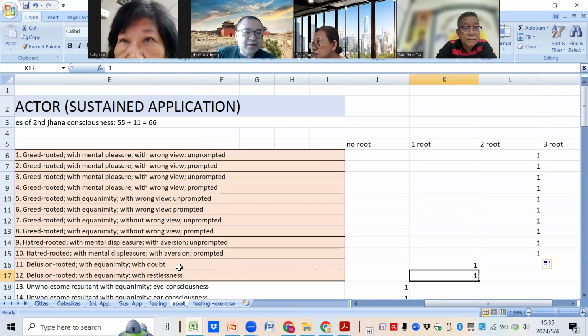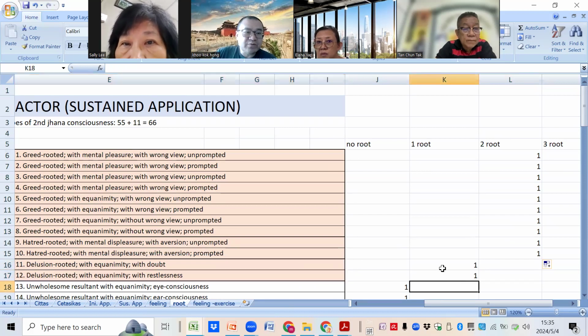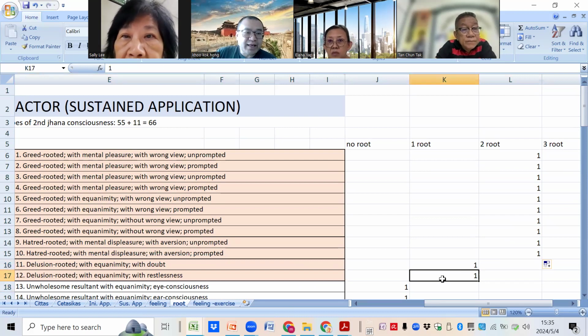Yes, they are unwholesome. But you exclude 11 and 12 because delusion rooted with equanimity. Again, you see number 5, 6, 7, 8 are also unwholesome, but also with equanimity. So are they? No. Now the problem is not the equanimity.